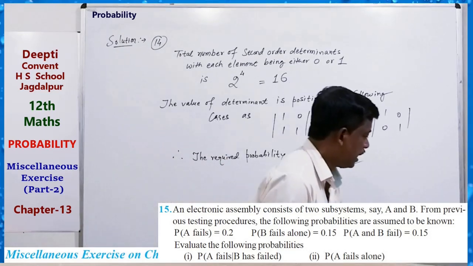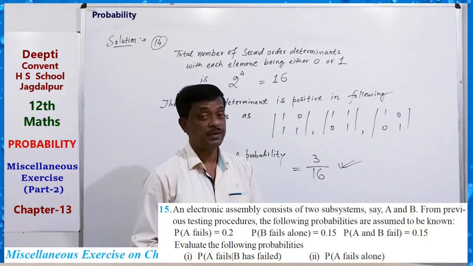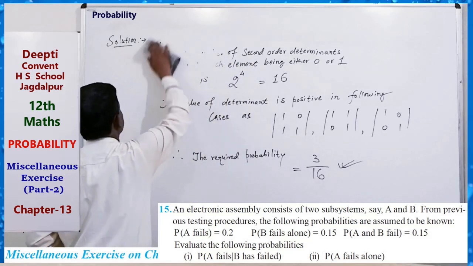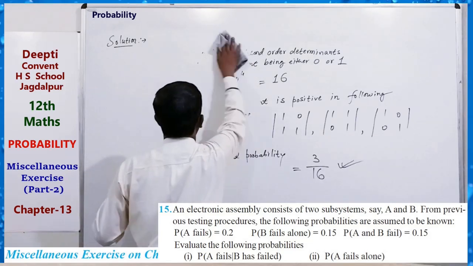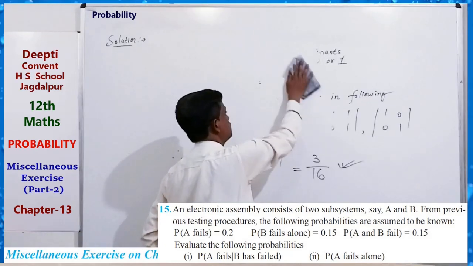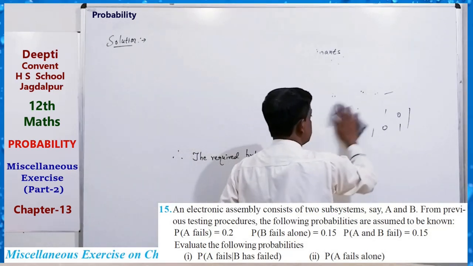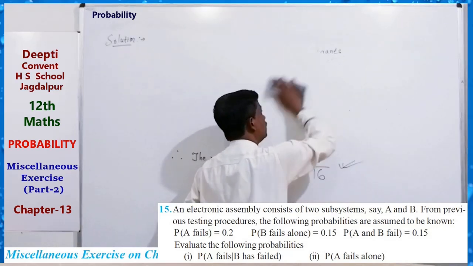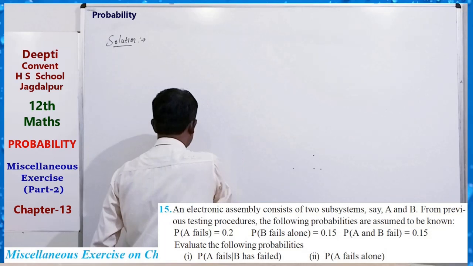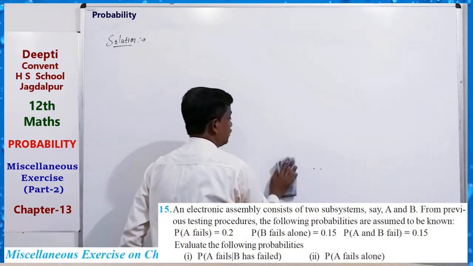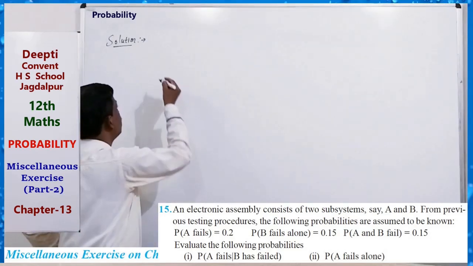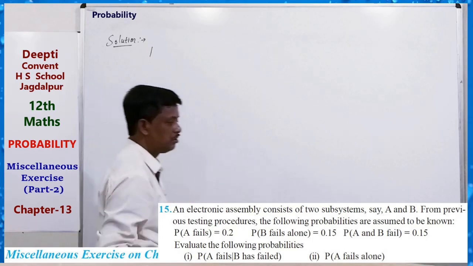For that, the main thing is that we have to denote the events first, because here we will use conditional probability, since B has failed. So first of all, we have to find the probabilities for the events. This is question 15.